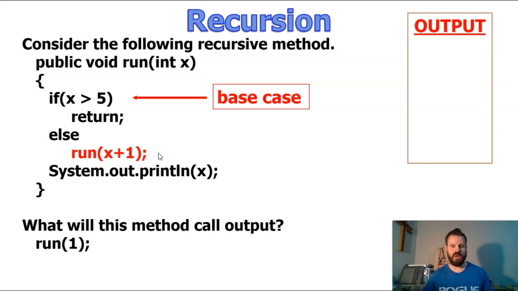Not true, so we'll run 3, we'll run 4, we'll run 5 when we hit the base case. So what's actually going to happen with this one is my print statements aren't going to happen until we get through all the method calls and start returning. So this one is going to print things in reverse order, 4, 3, 2, 1, because my methods are going to print at the end rather than printing right away.